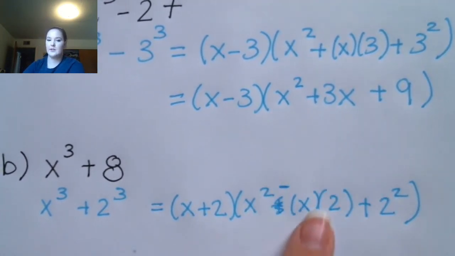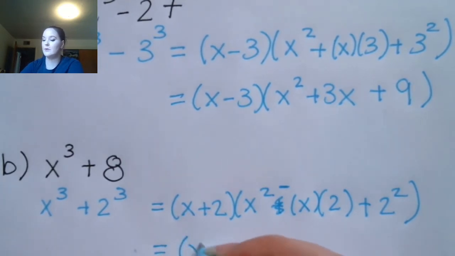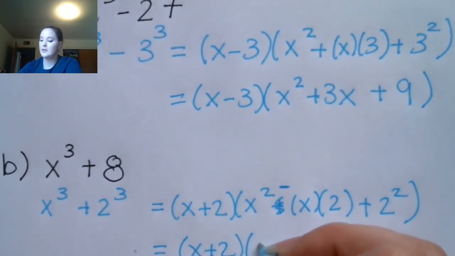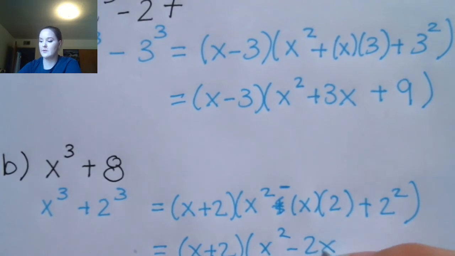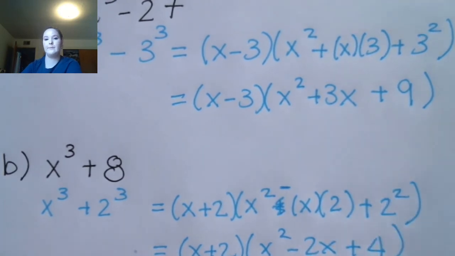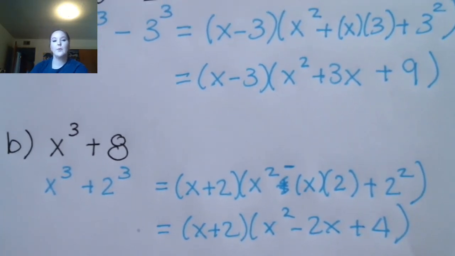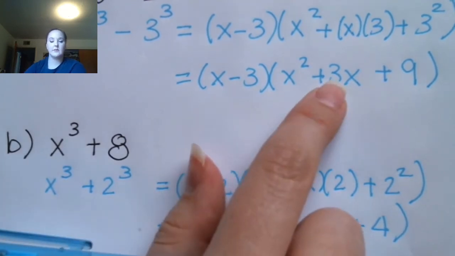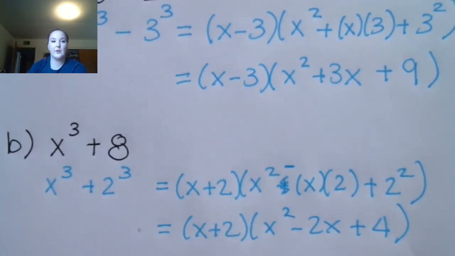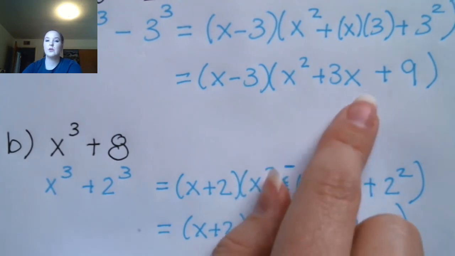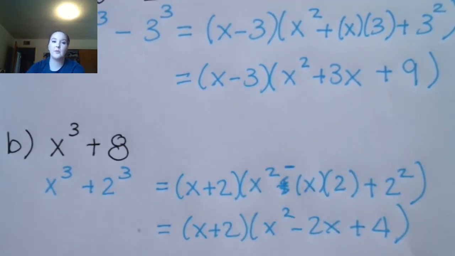Again, I'm going to simplify this part, so I'll have x plus 2 times x squared minus 2x plus 4. When you're factoring, these leftover parts will almost never factor. So you should quickly check that they don't, but they almost never do.